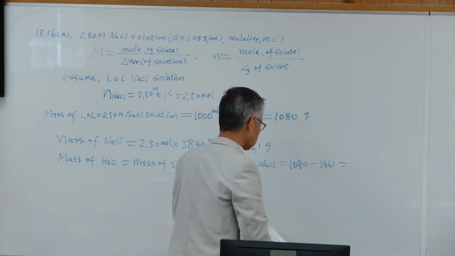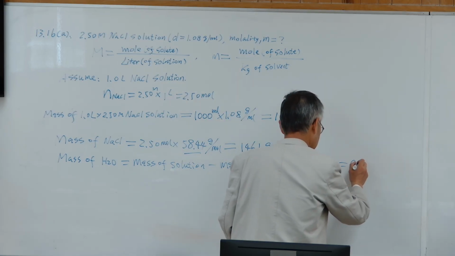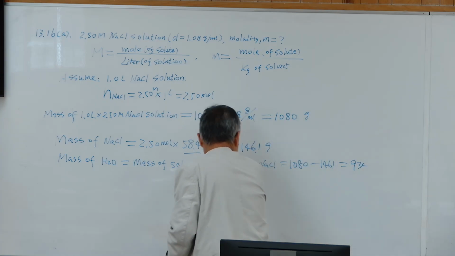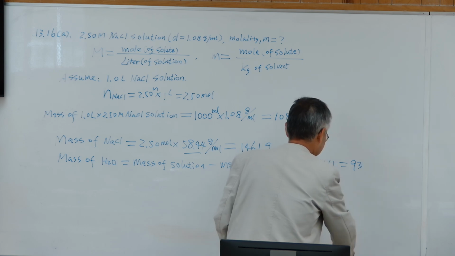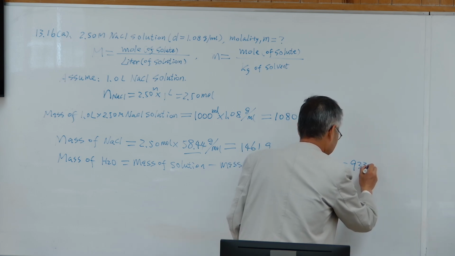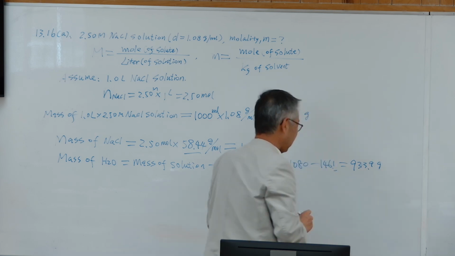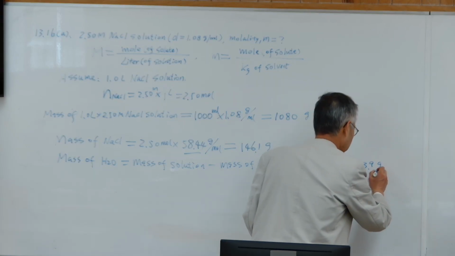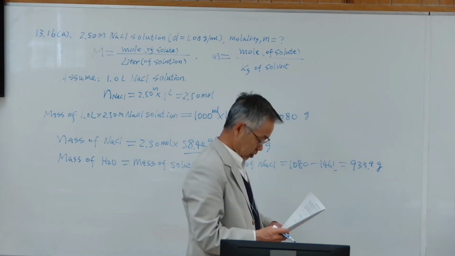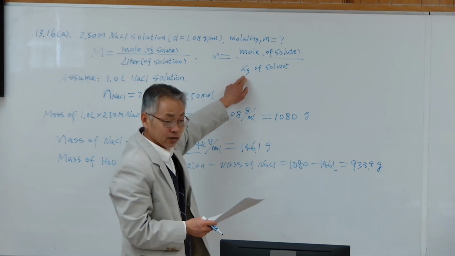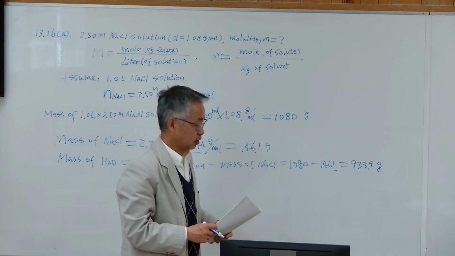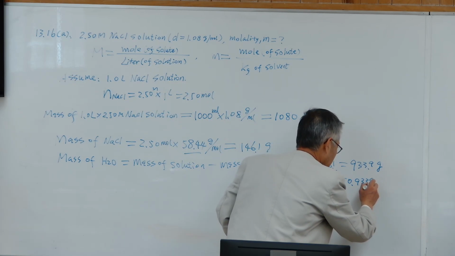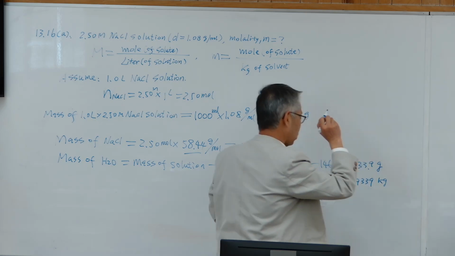Then 933.9 gram of water. And molality uses kilogram, right? We just convert this gram into kilogram. It becomes 0.9339 kilogram.